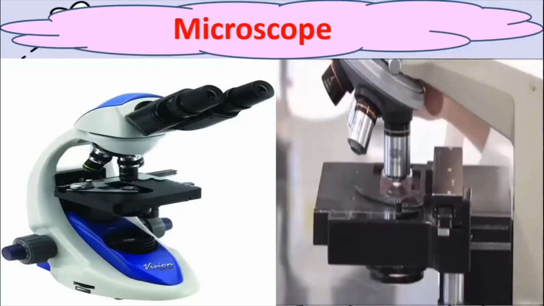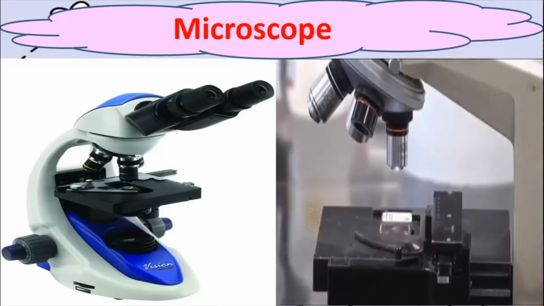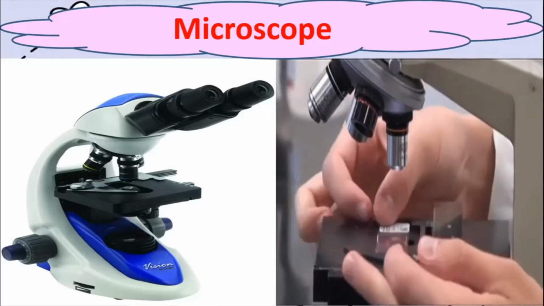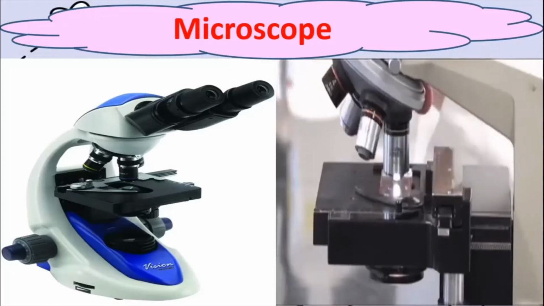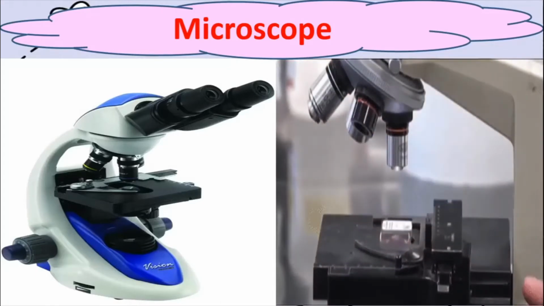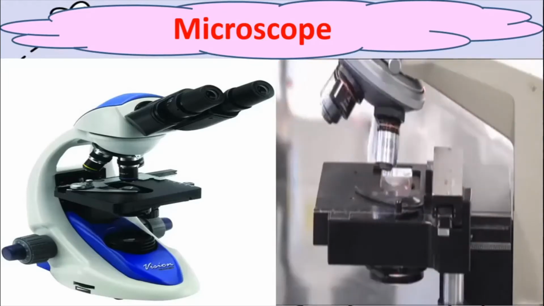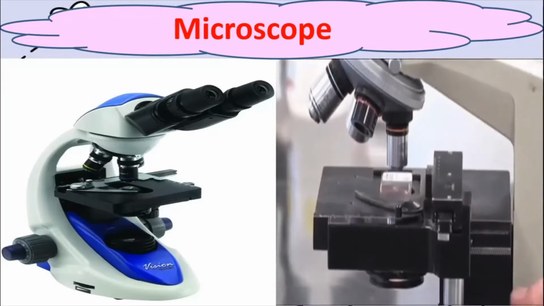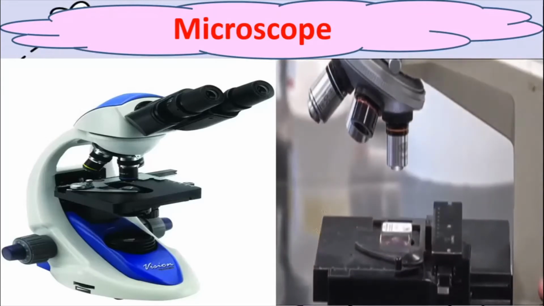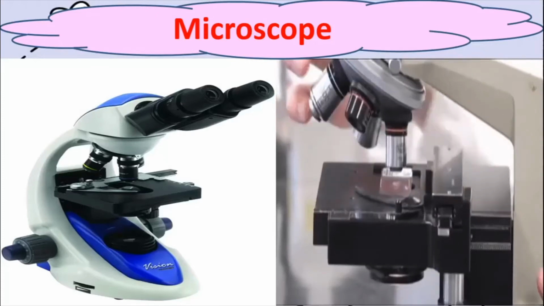Okay, and to look at a protozoa, it has got only one cell, isn't it? You cannot see it with your naked eye. You have to make use of a microscope to see it. So next time you go to the laboratory, when the school reopens after this COVID pandemic, you tell your teacher to show you the microscope. Every lab has a microscope.